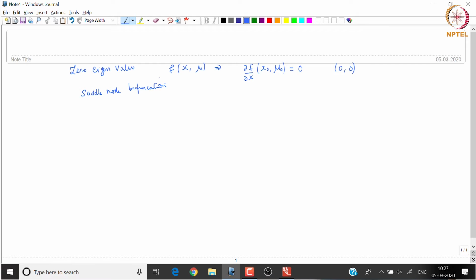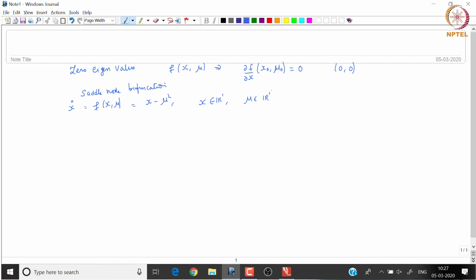Okay. In this case, what we have is f of x comma mu, which was x dot, of the form mu minus x square, and we are talking of 1D bifurcation. So x and mu both will belong to the real line.